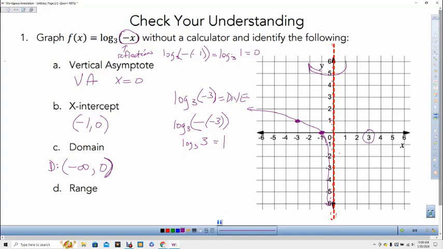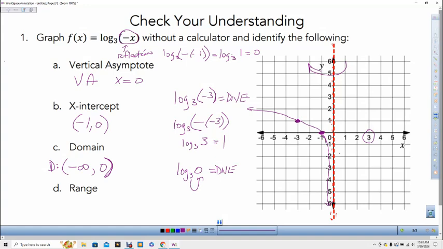The reason we've got that vertical asymptote is this. Think about it. If we have log base 3 of 0, what power can you raise 3 to get 0? Well, there's not one. Once again, it does not exist.